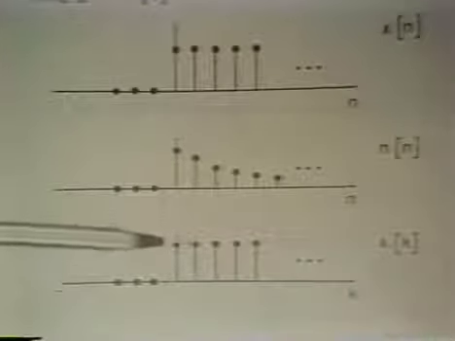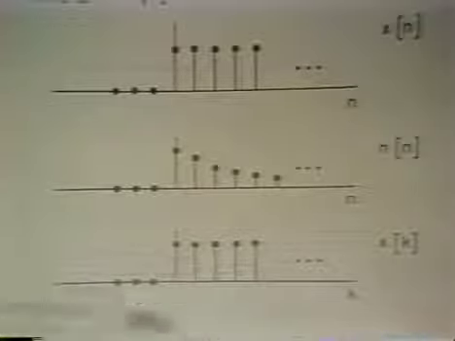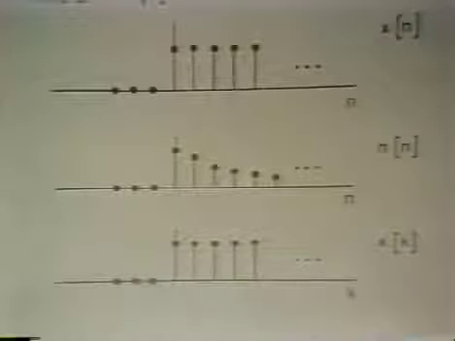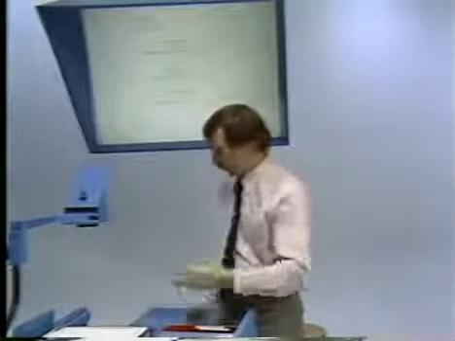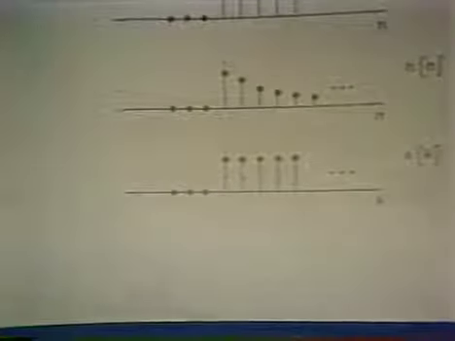That's simply changing the index of summation. And what's h of n minus k? Well, what's h of minus k? H of minus k is h of k flipped over. So if this is what h of k looks like, then this is what h of n minus k looks like.